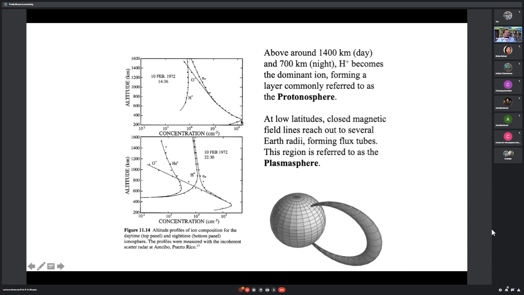You get a maximum around 300 kilometers for O plus, and then it reduces, and H plus starts around 500 kilometers. Then H plus density more or less remains the same, because at higher altitudes it is only H and some helium. Therefore, H plus density more or less remains the same.